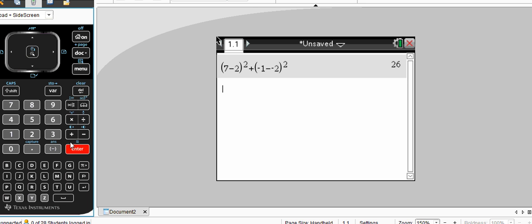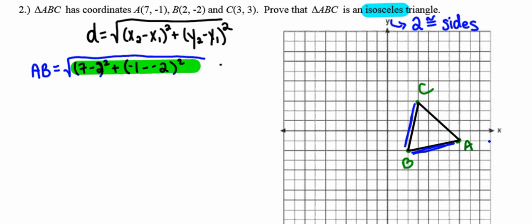And it tells me when I enter all that, that's equal to 26. So what I have underneath the square root sign in this particular case is 26. So my distance between points A and B, or in other words, the length of line segment AB, is going to be equal to the square root of 26. That square root doesn't have any factors that are perfect squares, so I don't have to simplify it.